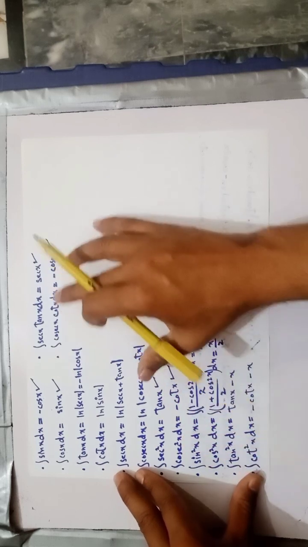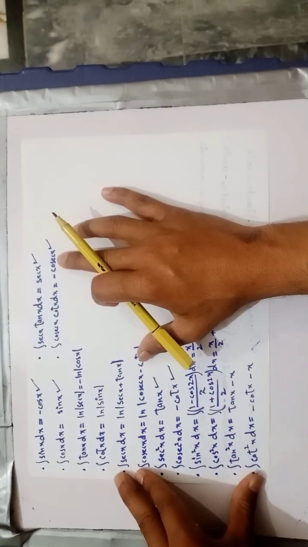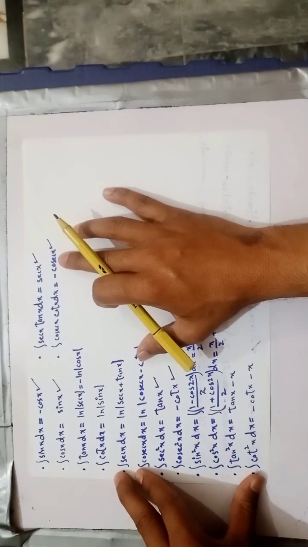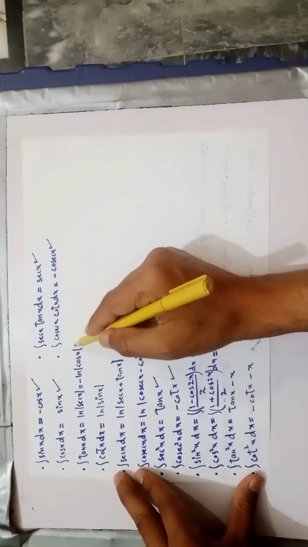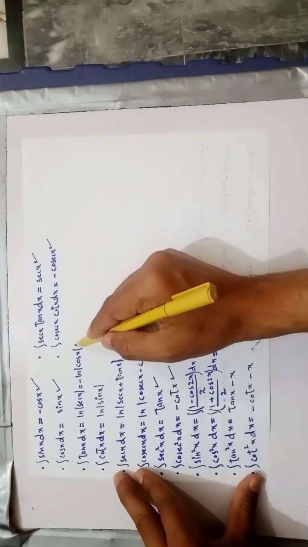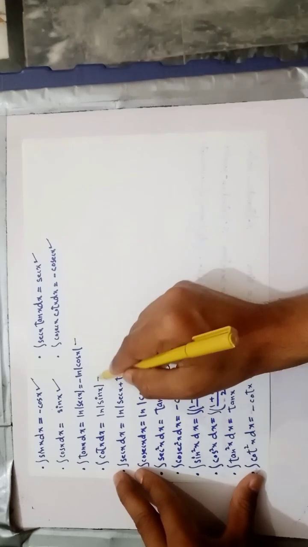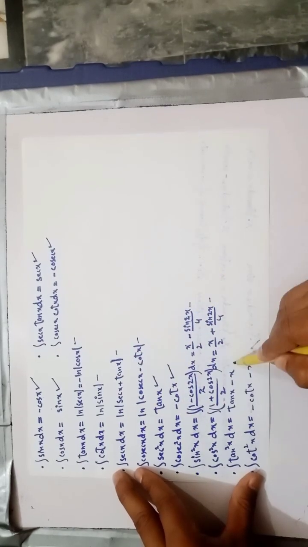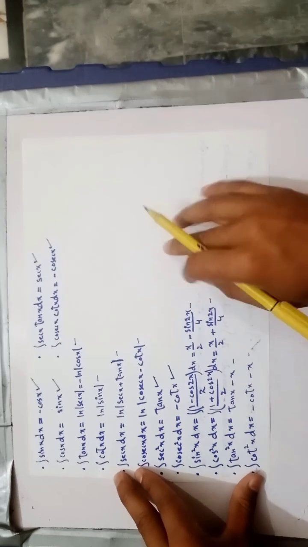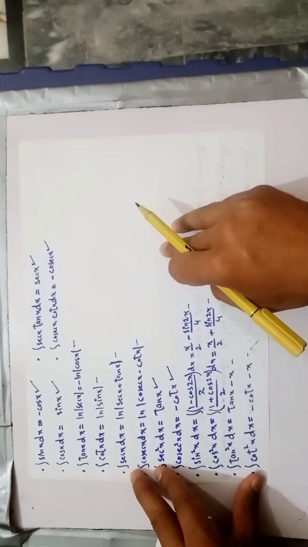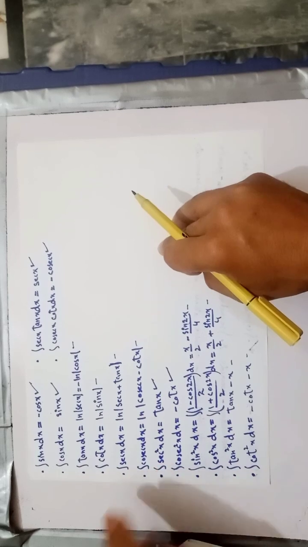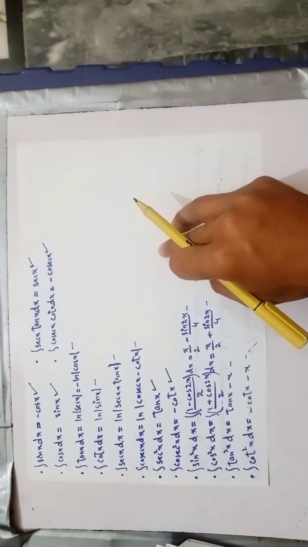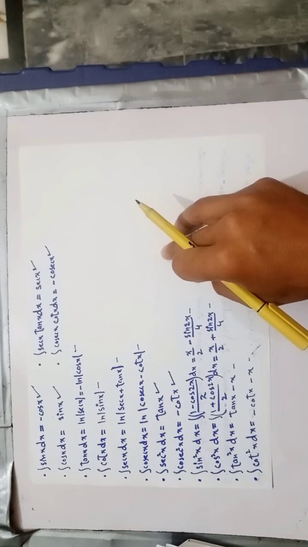So these 6 formulas we discussed in derivatives, but in integration there are 8 more formulas which we need to memorize in the integration process. So hope you can understand.